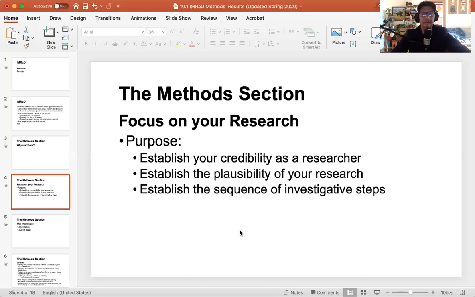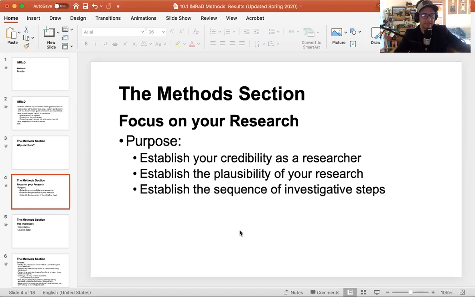Our author argues that the methods section today exists for these three reasons: to establish your credibility as a researcher. Showing that you have an actual methodology shows that you have credibility.